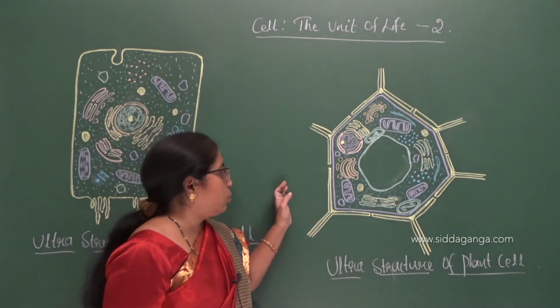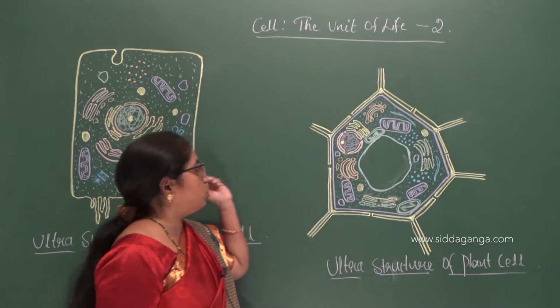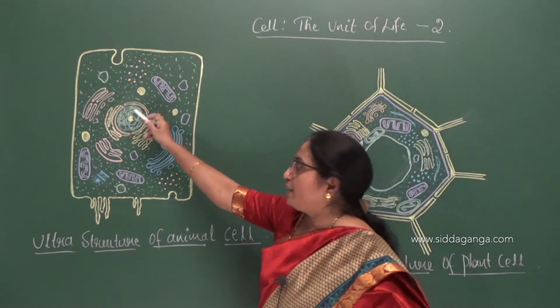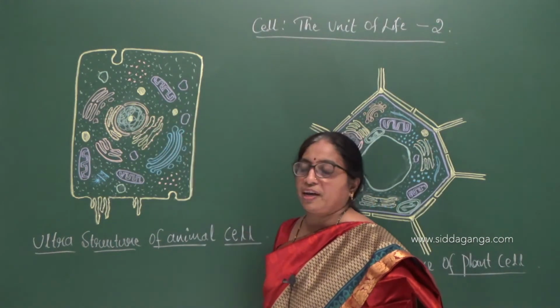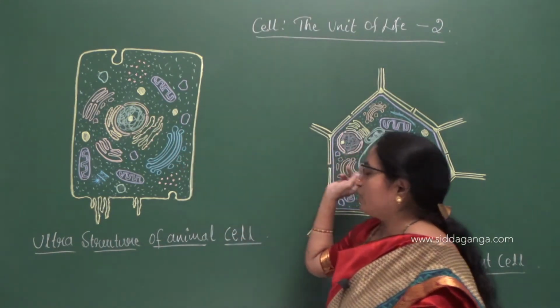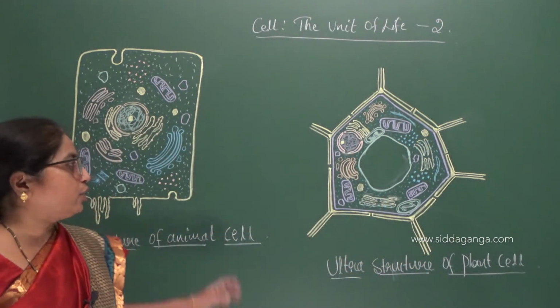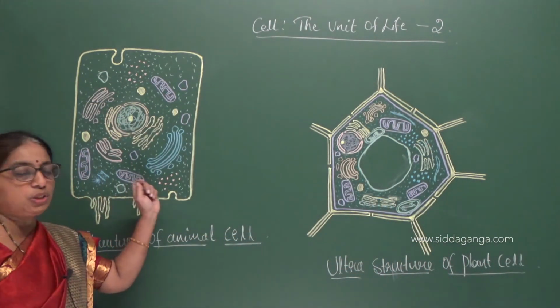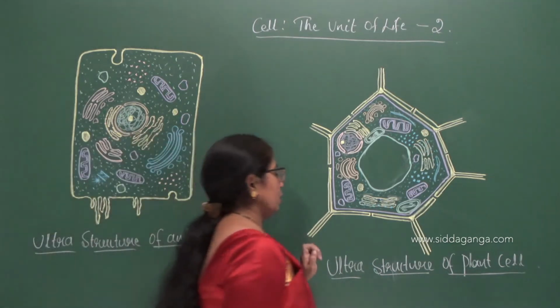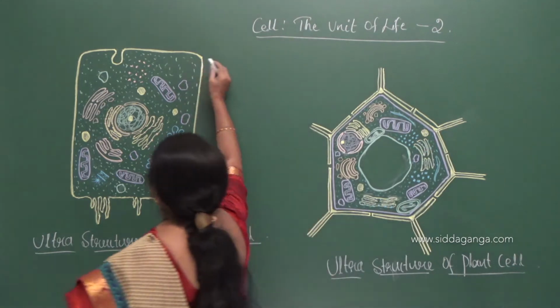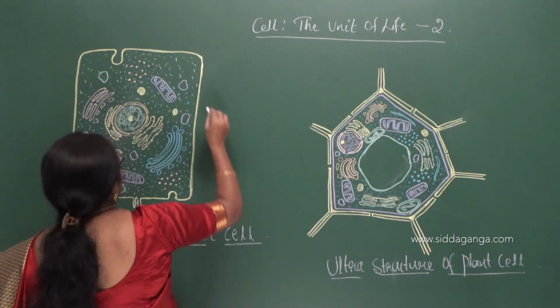Here in the eukaryotic cells, in both the cases you can see that the nuclear material is surrounded by a very definite nuclear membrane. Thereby you can conclude that these are eukaryotic cells, and along with that you can see so many organelles which are embedded in the cytoplasm. So with all these structures you can see the structure of animal and plant cell.